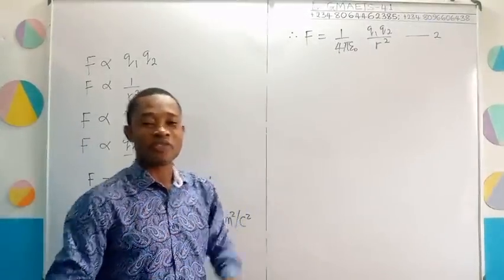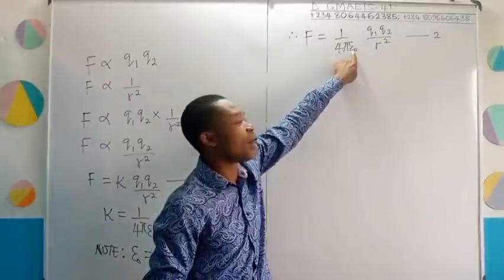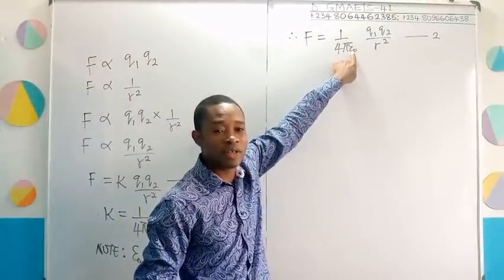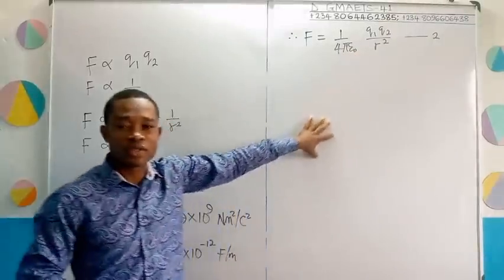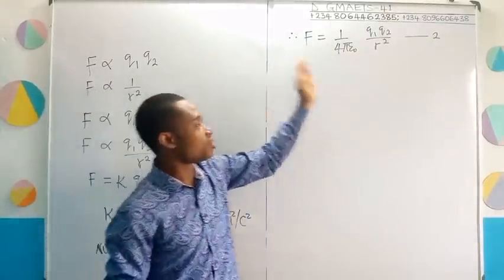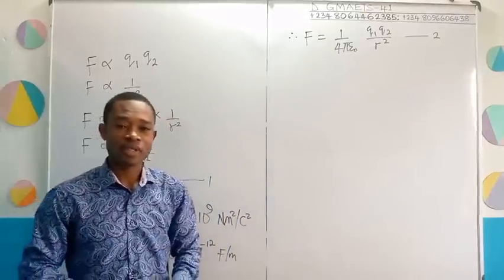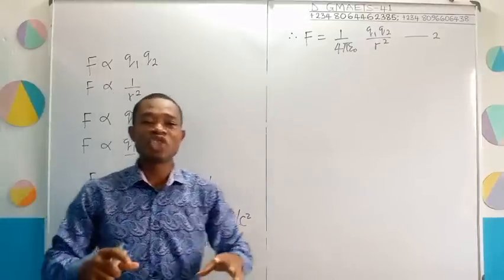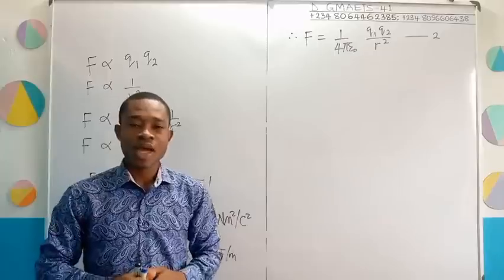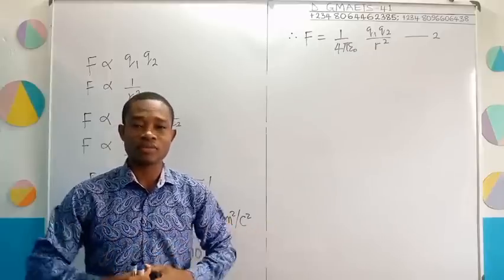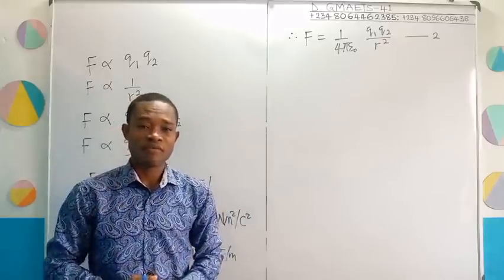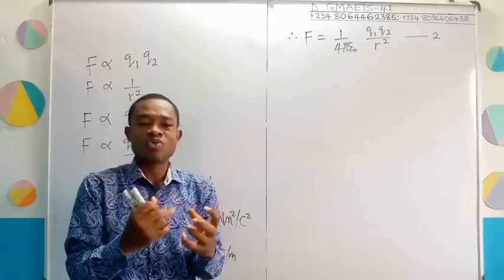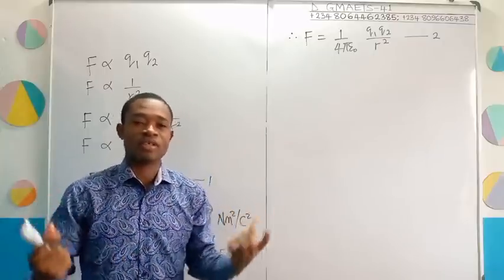At this point, dear friends, I'd like us to say something about this permittivity of free space, epsilon naught. Something very important. Because if we go by this equation 2 you are seeing here on the board, this is when the charges Q1 and Q2 are placed in vacuum. When they are placed in free space. Vacuum is a space where there is no air.